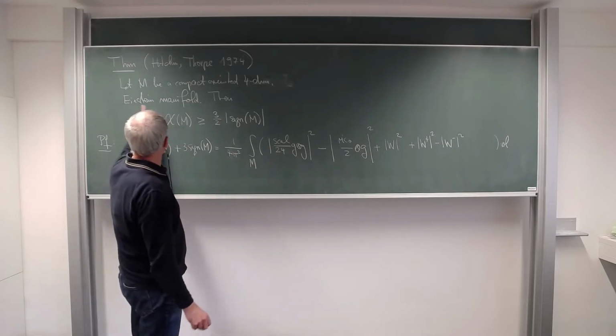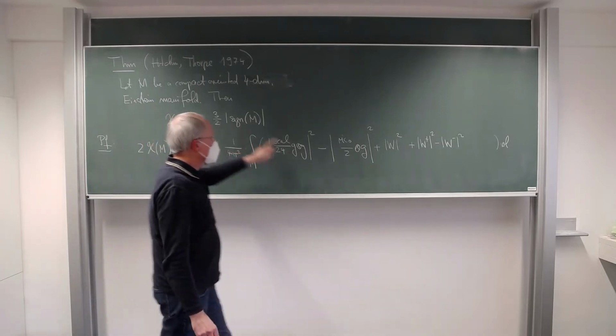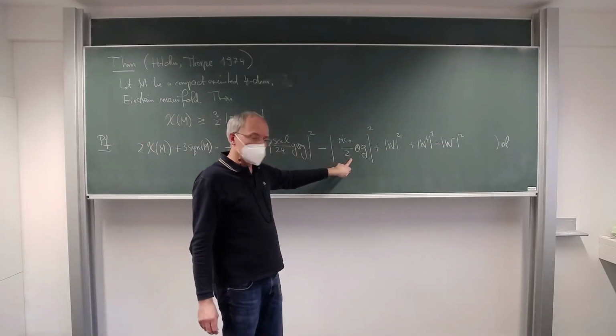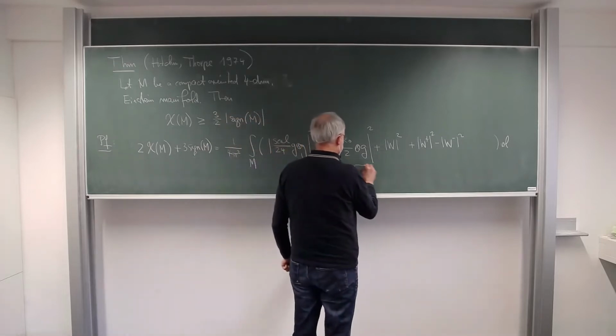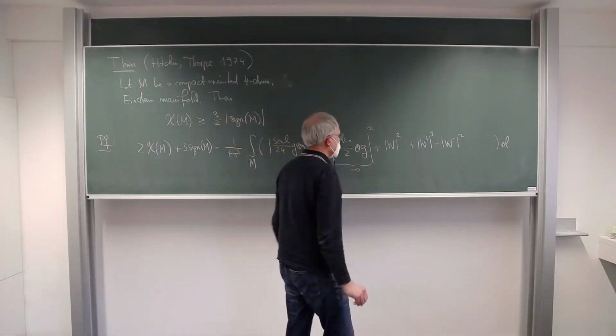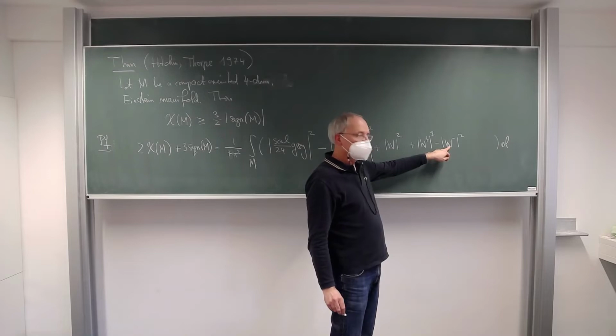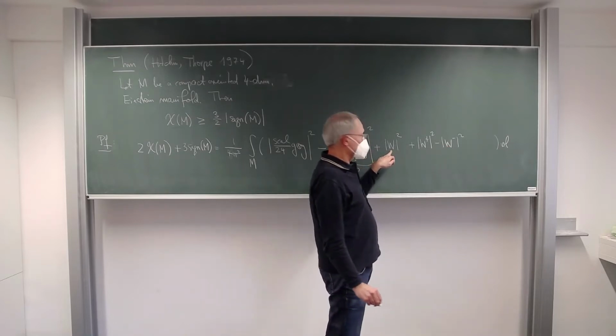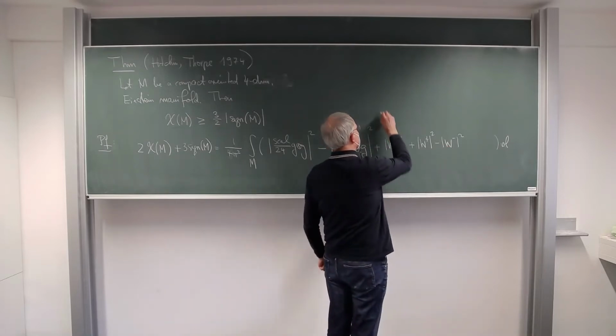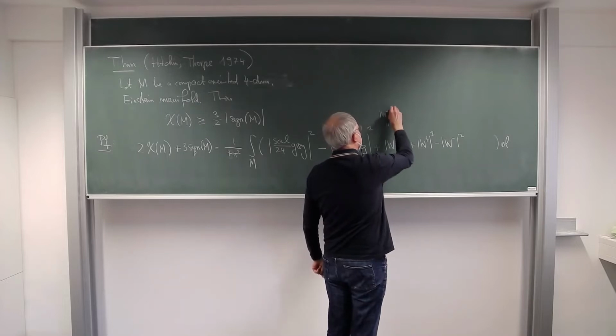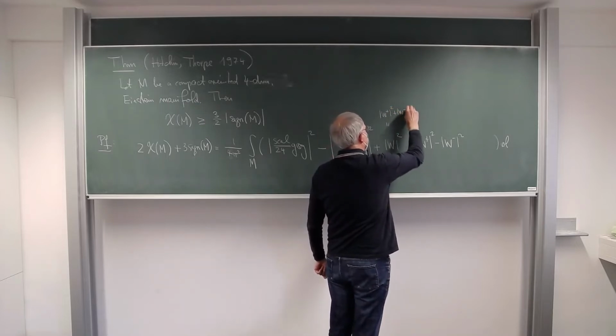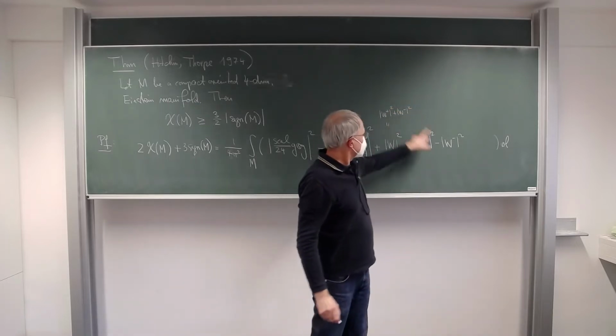And now let's see, we are talking about an Einstein manifold, which means that this negative term is not here. That is 0, that's good. There's another negative term here, but this goes away with one of these because this is nothing but the W plus squared plus the W minus squared. So this cancels that.